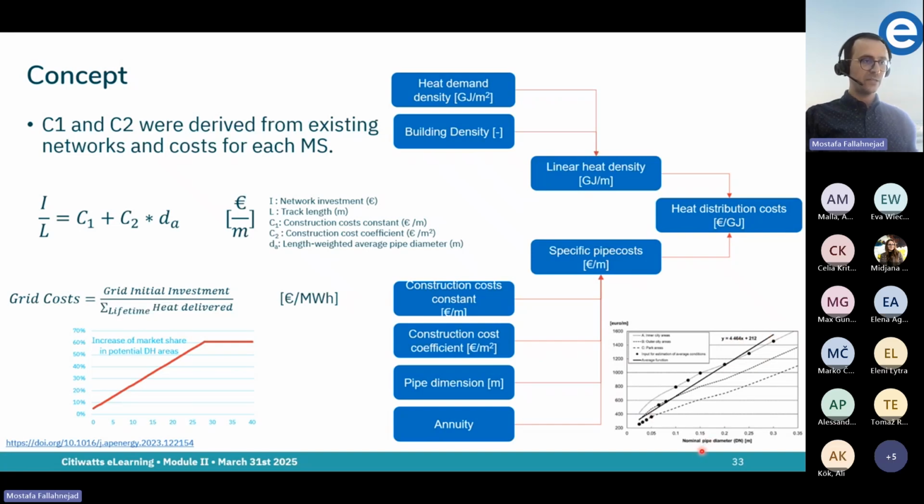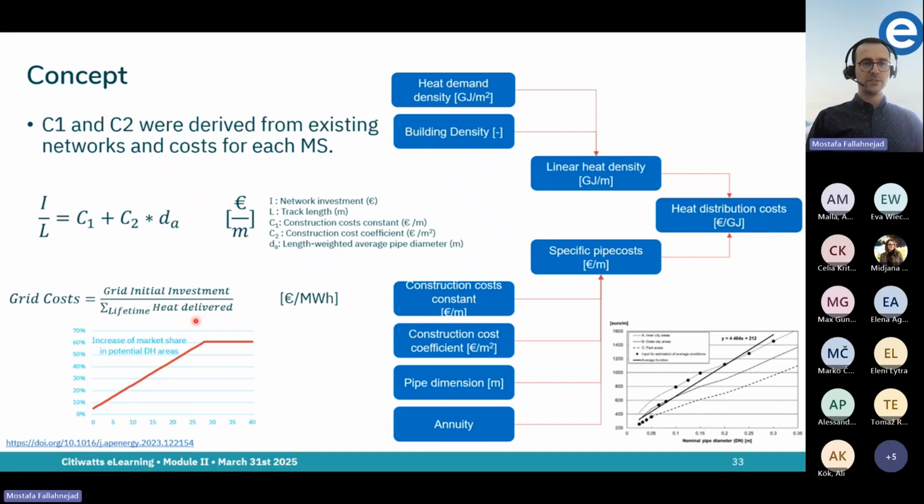If I have, for example, a pipe dimension of 0.15, then I know roughly it costs €1,000 per meter if I use this line. So that's basically the idea. I have for every single pixel an average pipe diameter, which would be used to get euro per meter of trench length.